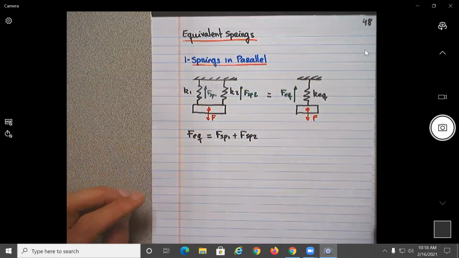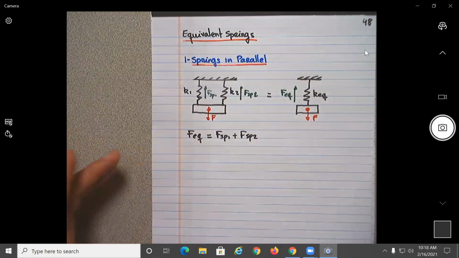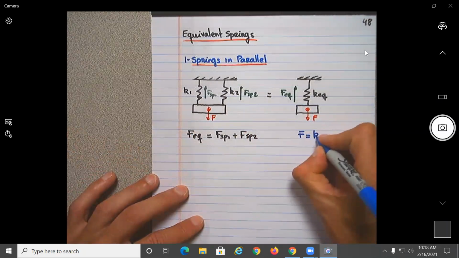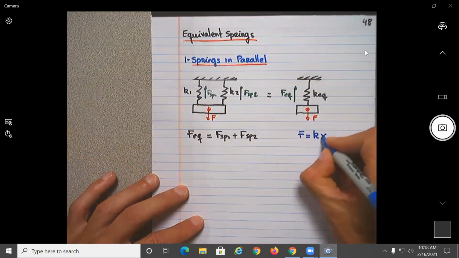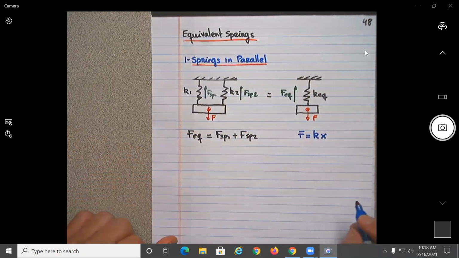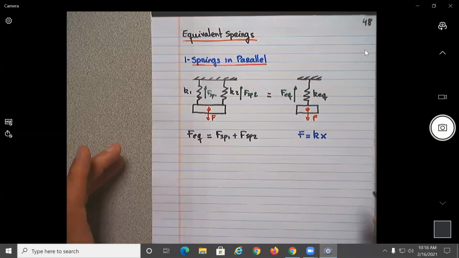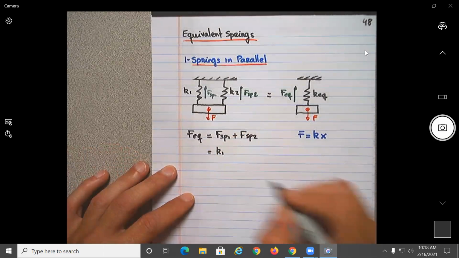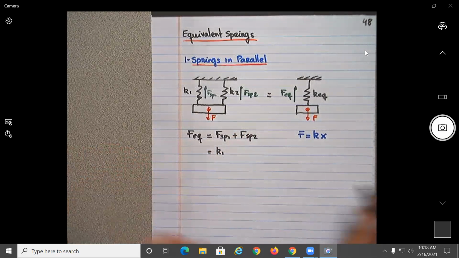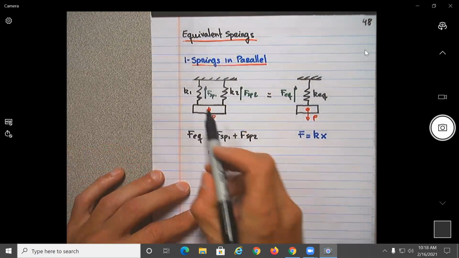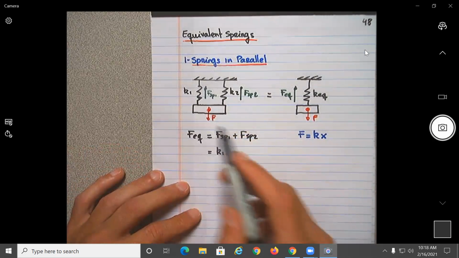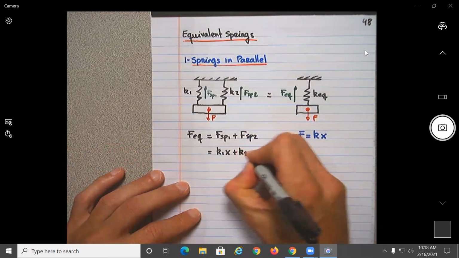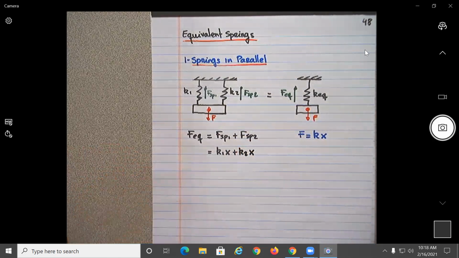Okay. And now, what is the general definition of the force of a spring? Force of a spring is equal to kx. All right. So now you can just rewrite this equation as k1 x, because these two springs are going to move the same distance, no? Plus k2 x.